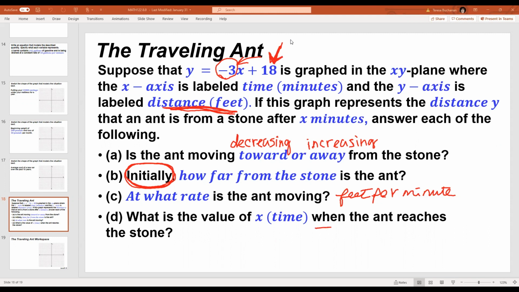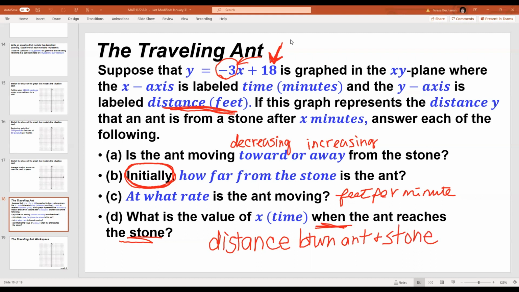And at what time does the ant reach the stone? If the ant has reached the stone, then the distance between the ant and the stone is 0, isn't it?